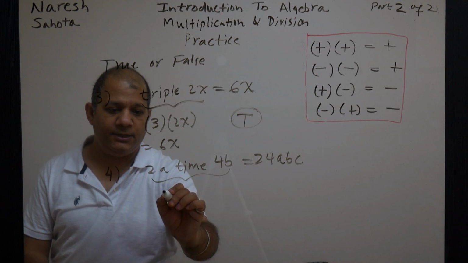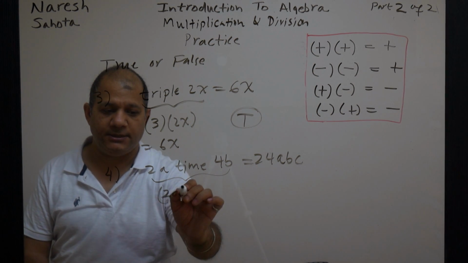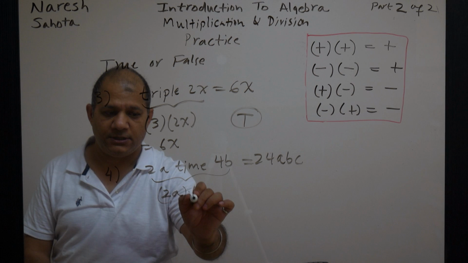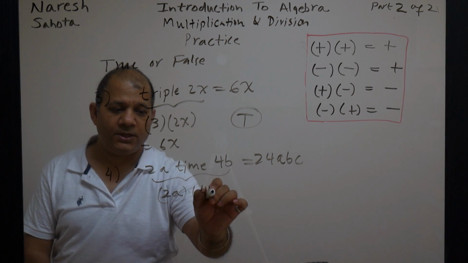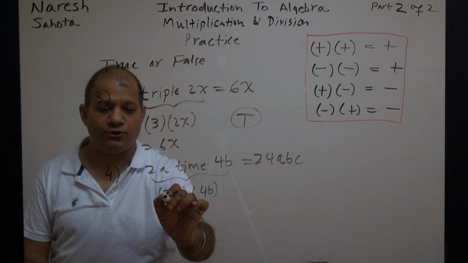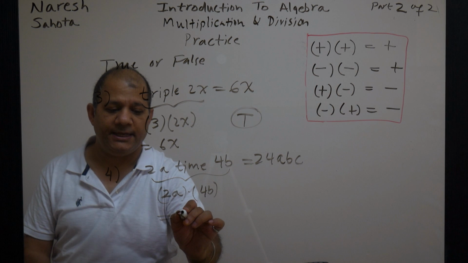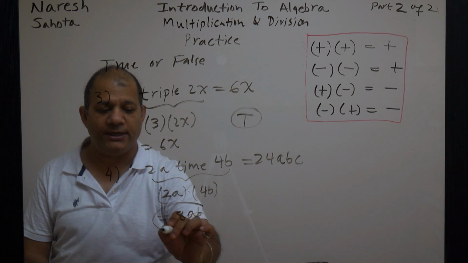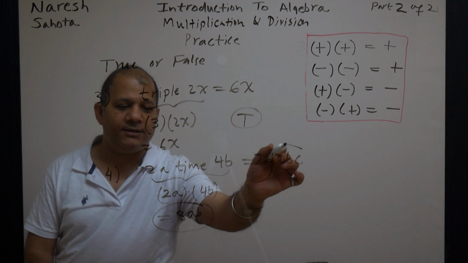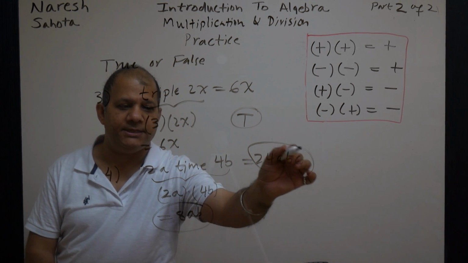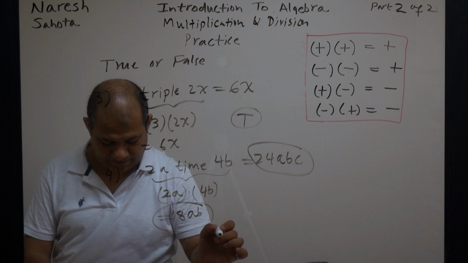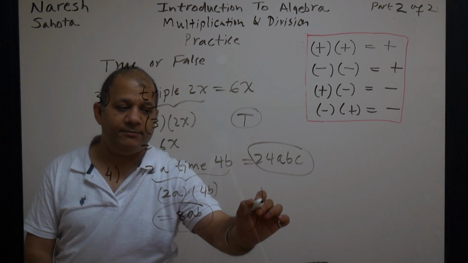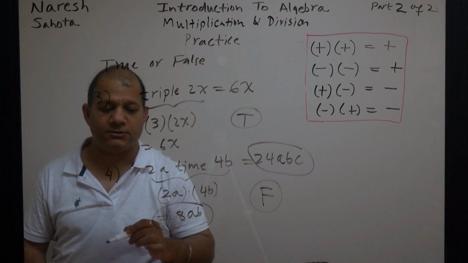So 2a, then it says times 4b. And now multiply this out. 2 times 4 is 8. A times b is ab. So on the left we have 8ab. On the right we have 24abc. So they're not the same. So this is false.